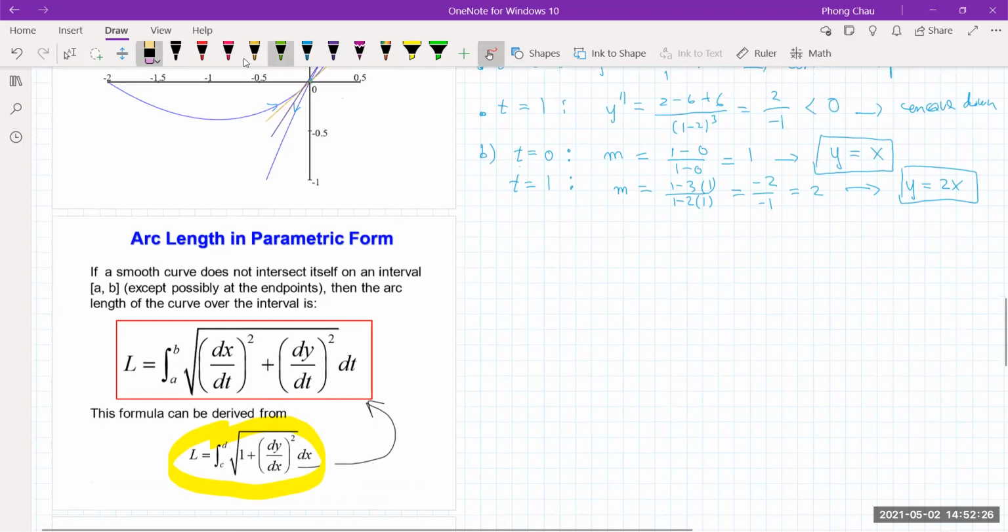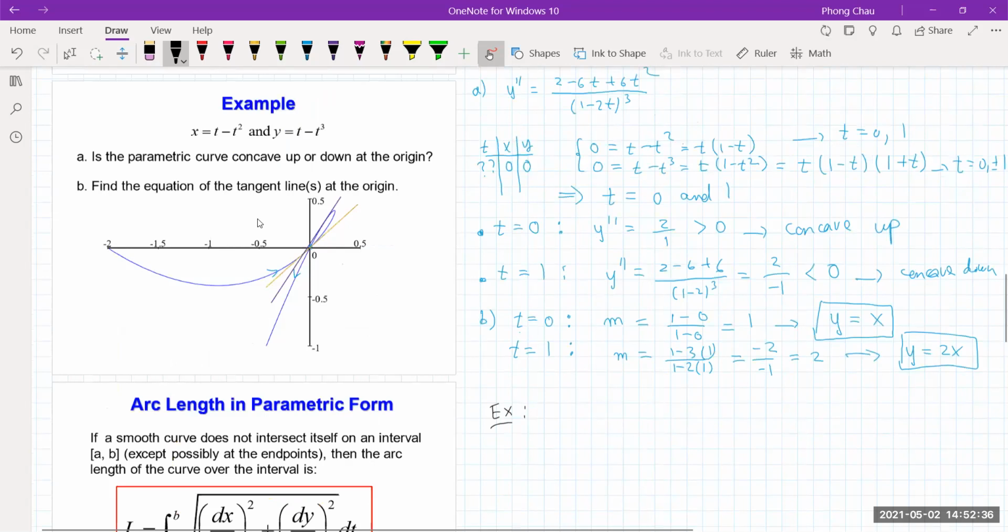Now let's look at an example here. So I'm going to use the same example as this one above. Okay, the same as the example here. So let's say I have the same functions, x equals t minus t squared and y equals t minus t cubed.